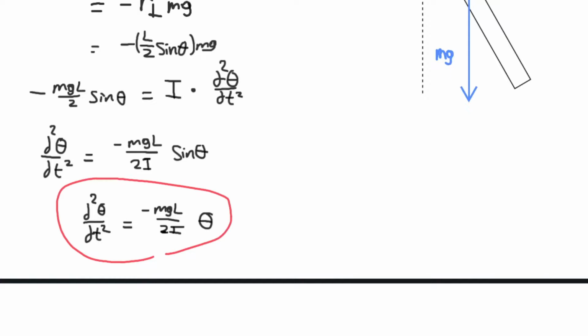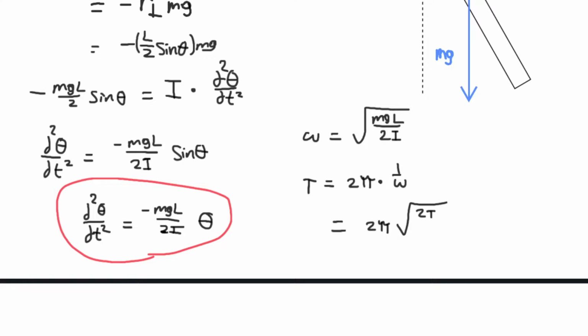But we want to get the period out of this. So we know that omega is going to be equal to the square root of the number in front of the theta. So therefore T is equal to 2 pi times 1 over omega, which is 2 pi times the square root of 2I divided by mgL.